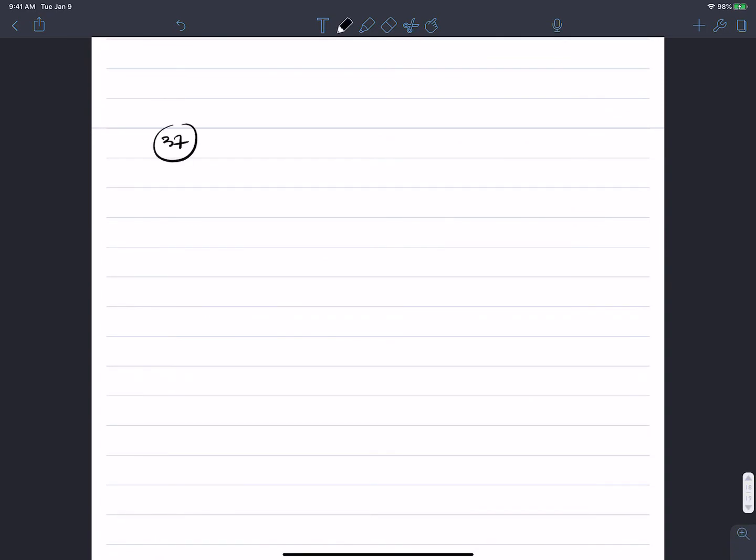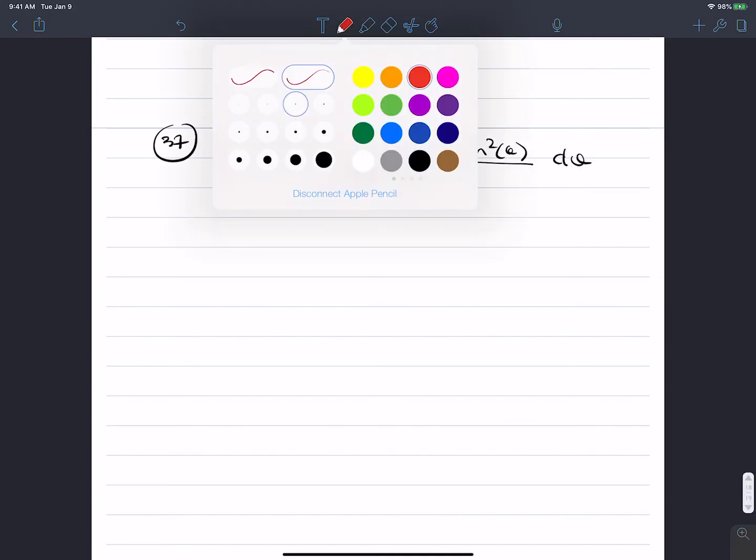37. We have the integral of sine theta plus sine theta tangent squared theta, everything over secant squared theta. Now for this question, we're going to use some algebra here because we don't have a quotient rule for integration.